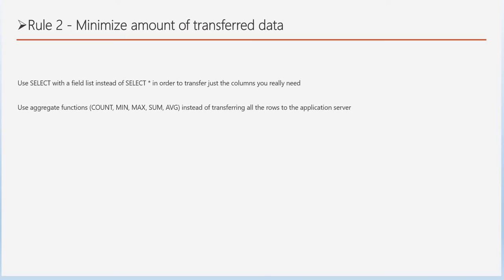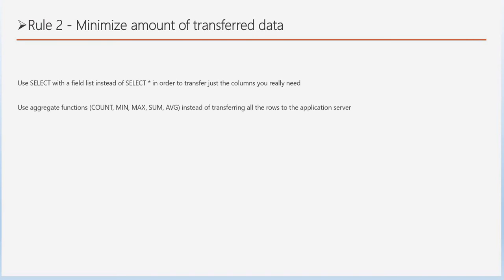You should also use aggregation functions like count, min, max, sum, average instead of transferring all the rows to the application server. If you have the possibility to sum or aggregate the data, definitely go with these functions so that the number of rows is smaller.